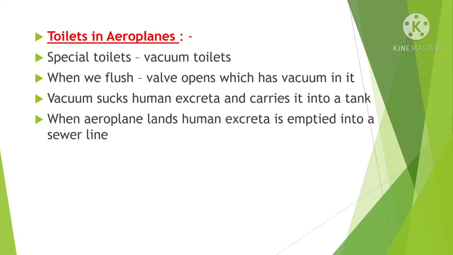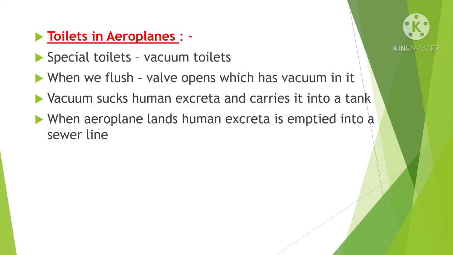When we flush the toilet in an aeroplane, a valve opens in the pipeline which has vacuum in it. Okay, so when we press the flush button of the toilet, a valve opens which has vacuum in it.